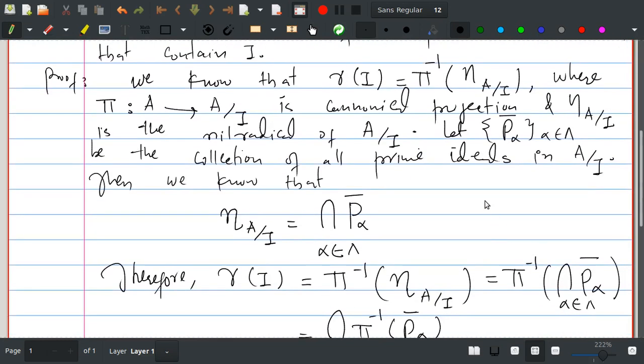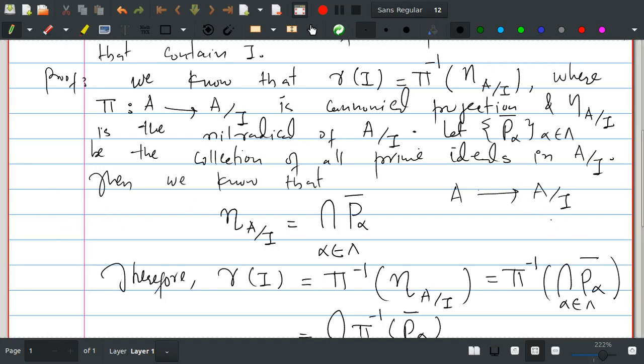Since we know there is a one-to-one correspondence between the ideals of A mod I and the ideals of A, in particular there is a one-to-one correspondence between the prime ideals of A mod I and the prime ideals of A that contain I, because the inverse image of a prime ideal is a prime ideal, i.e. the ring homomorphism pulls back prime ideals to prime ideals.